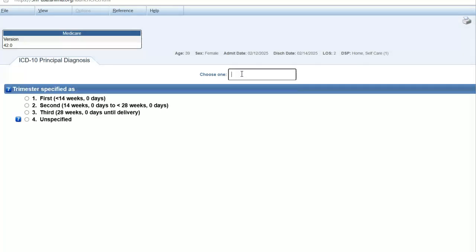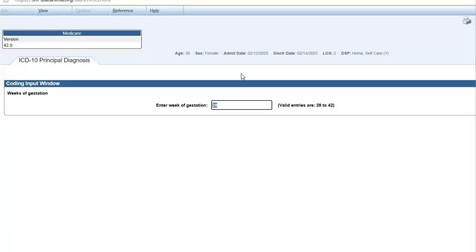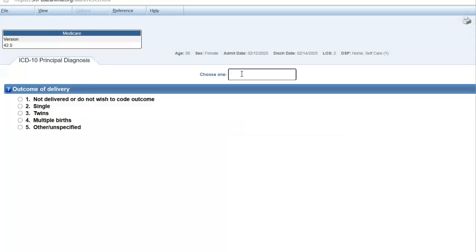And then she was 36 weeks, so 3rd trimester, so we're going to hit 3 again. And yes, we would like to code the weeks of gestation because we're supposed to code that when we're coding a pregnancy or delivery, right? So we're going to hit number 2, and our patient was 36 weeks along. So we're going to hit 36 and hit enter.